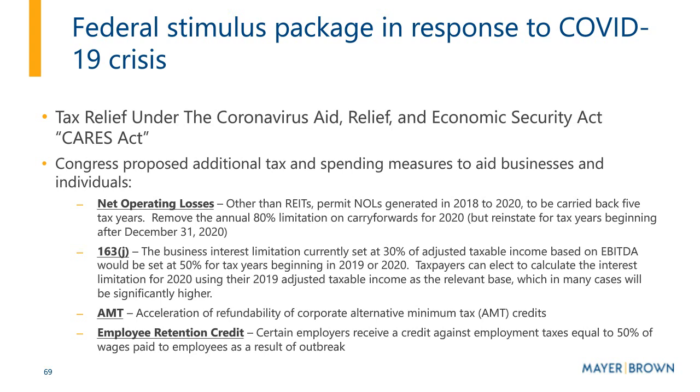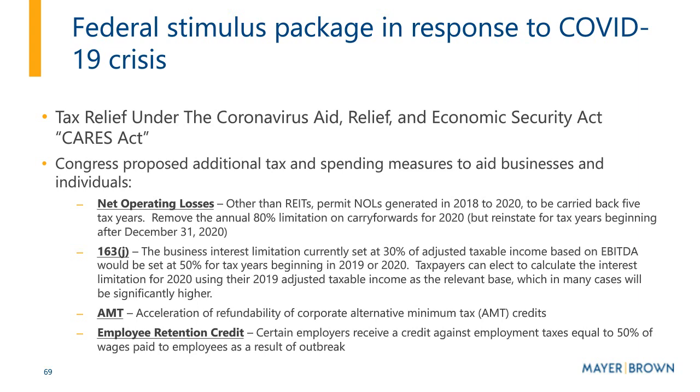NOLs, net operating losses: under the existing law, which is new since 2017, NOLs could no longer be carried back and are somewhat limited in their use being carried forward to only an 80% limitation of income, essentially. The CARES Act does away with that for a little bit.